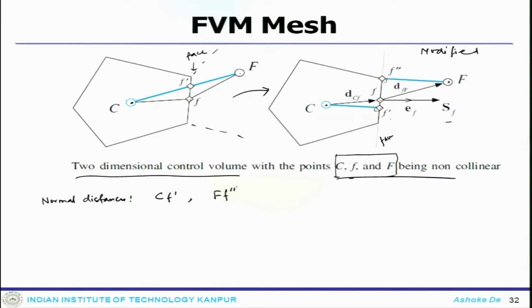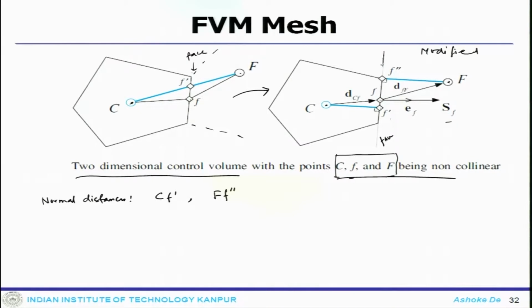Since C, F and capital F are not collinear, instead of connecting them with one line, you get a normal from this point along that face.